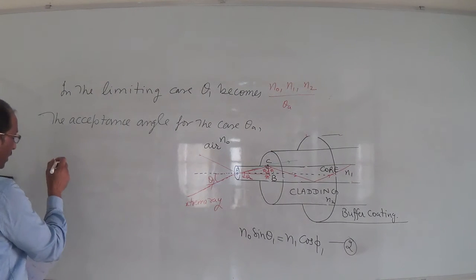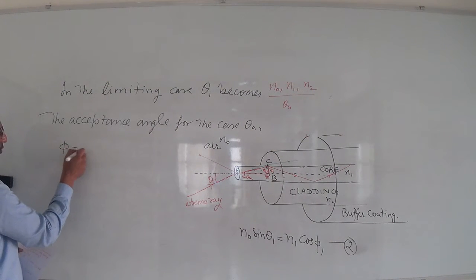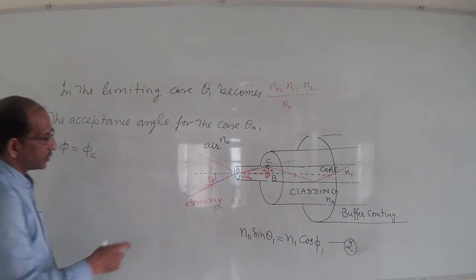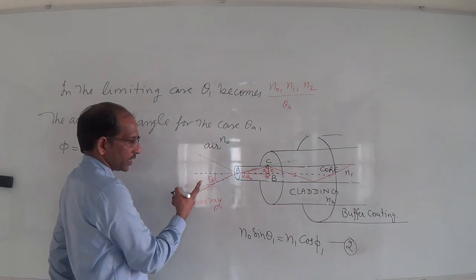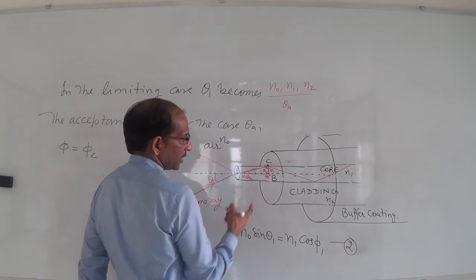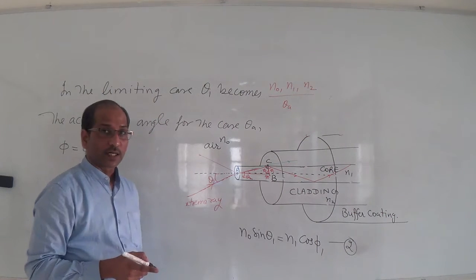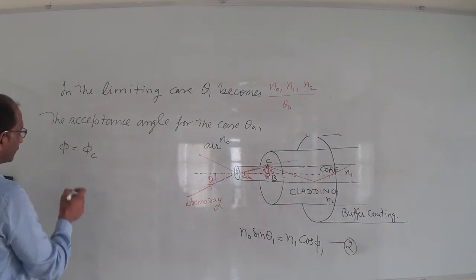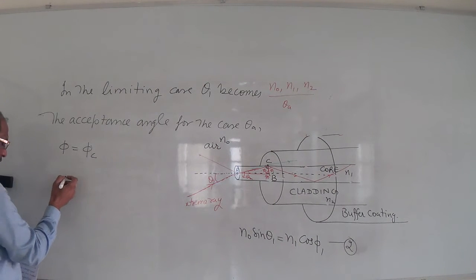And phi becomes phi c. When theta 1 is equal to theta a, it means this angle phi will be greater than or equal to the critical angle. So phi is equal to phi c.